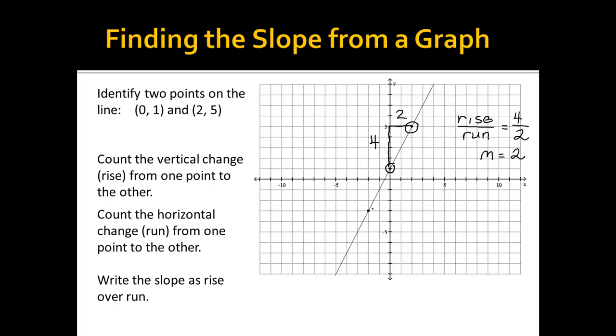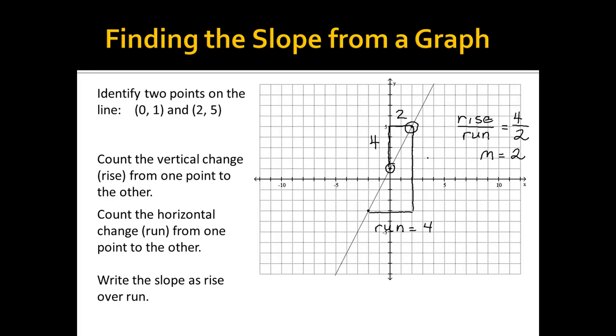Alright, if we chose this third point and we tried to go from the lowest point to the highest point, would we get the same slope? Well, we would get a different rise and run, but we should get the same slope. To go from this lowest point, we would have to go over 1, 2, 3, 4 units. So our run, in this case, is 4. From there, we would have to go up 1, 2, 3, 4, 5, 6, 7, 8.